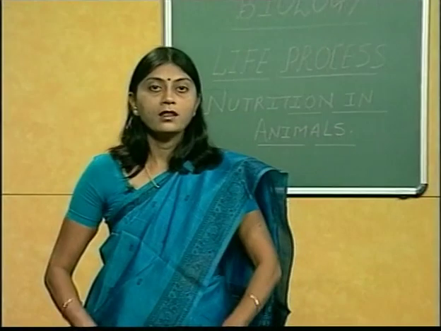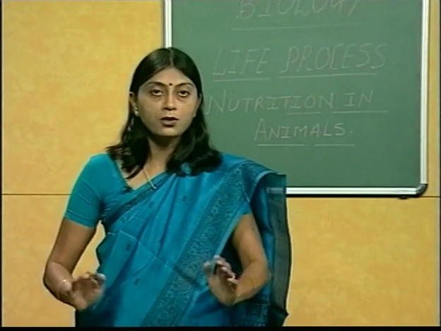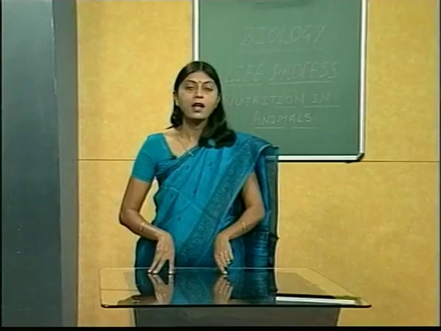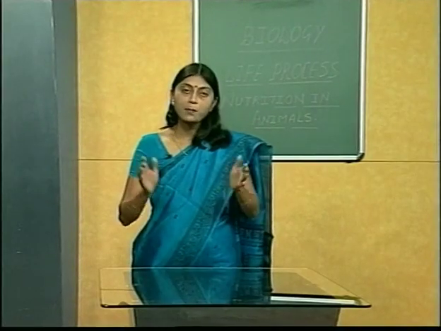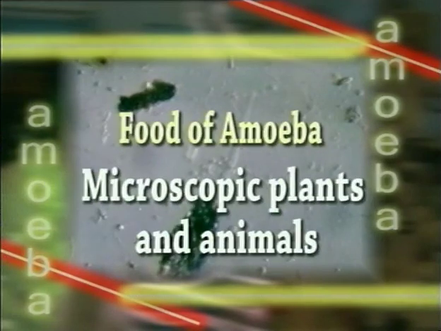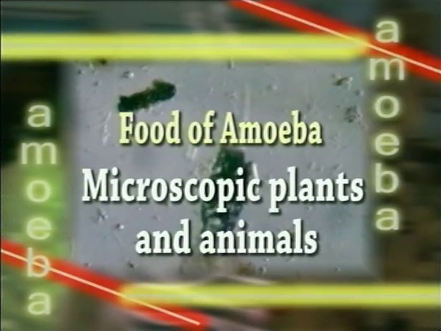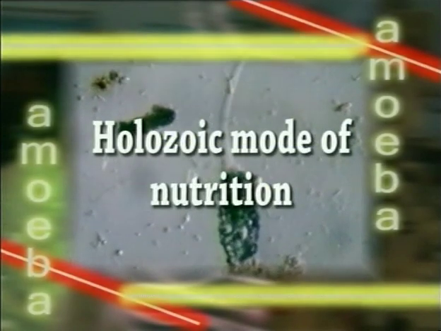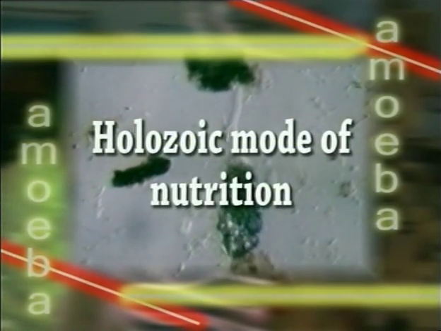So, now the next point is nutrition in a simple unicellular organism, that is amoeba. You know amoeba is a single cell organism, and in that, which type of food is taken? Amoeba takes microscopic plants and animals as food, and the mode of nutrition is holozoic.